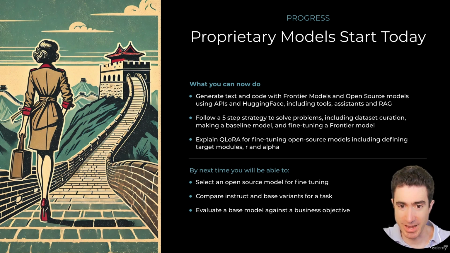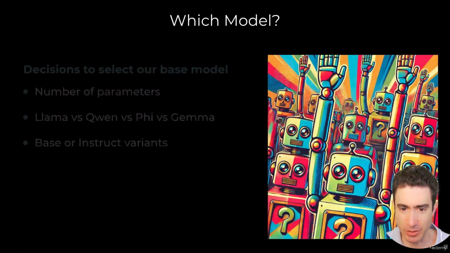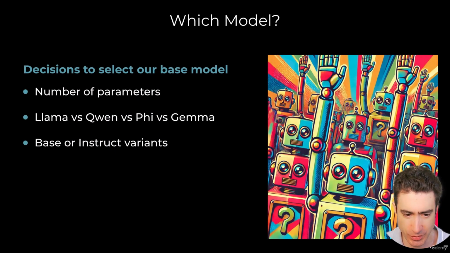So we won't have to pay API costs when we're running our own open source version of the model. So even if we're in the right territory, there's still many reasons why we should use open source even before we talk about making it into a proprietary model specialized for this particular business problem. So anyways, with that in mind, it's time for us to talk about which model to use.